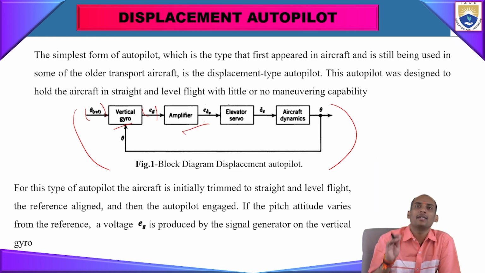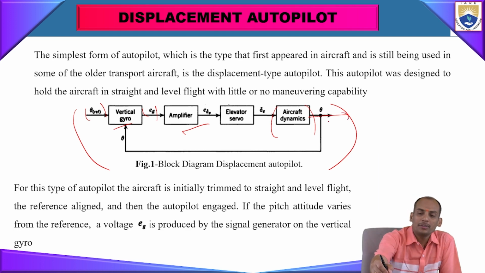From that amplifier, the signal is transmitted to the elevator servo motor. The servo will operate the control surface, with the aircraft dynamics integrating that operation, determining how much distance it will be moved, and then that operating signal is transmitted to the control surface here.